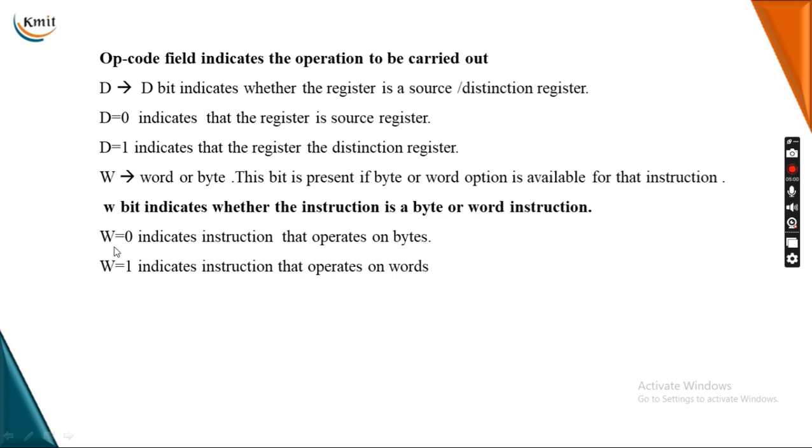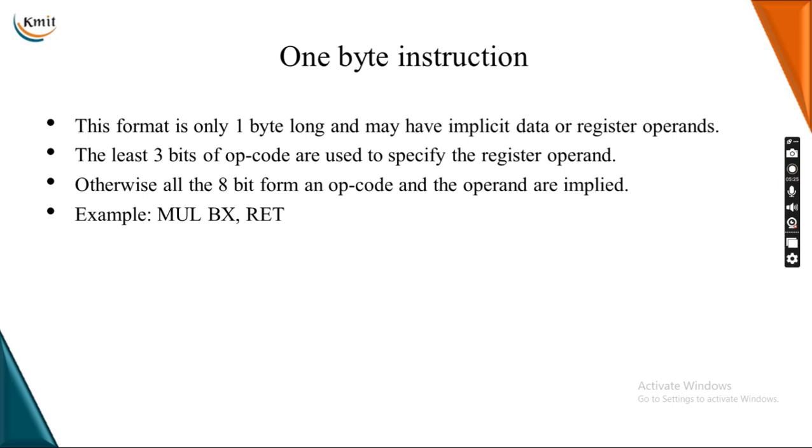If W is equal to 0, the instruction operates on bytes. If W is equal to 1, the instruction operates on words. So the opcode consists of 6 bits, the D bit 1 bit and the W bit 1 bit, totally 8 bits, so 1 byte of instruction.